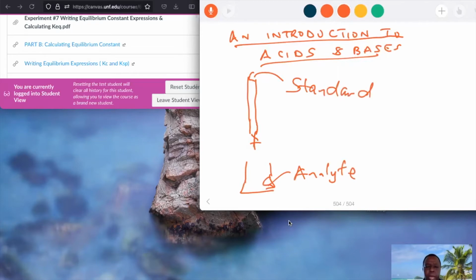Basically, in acid-base titration, neutralization takes place. An acid and a base react, and of course, the two products are salt and H2O. Acid-base neutralization produces an ionic compound or salt and H2O.